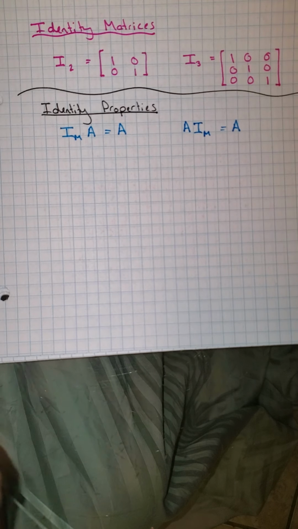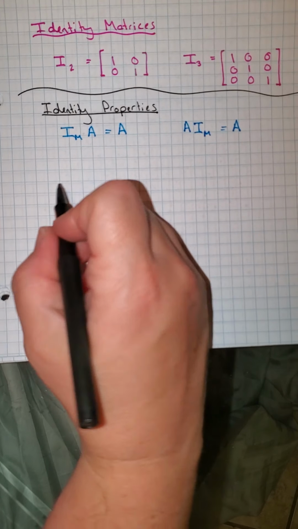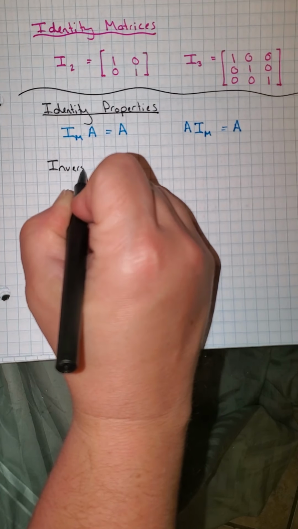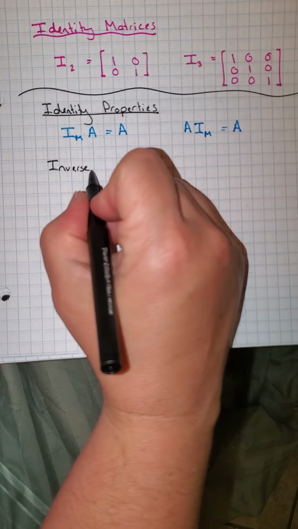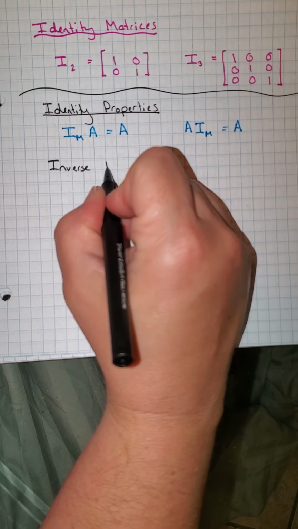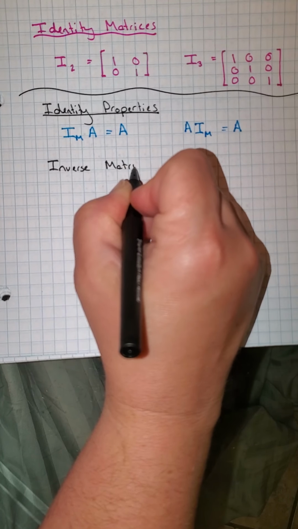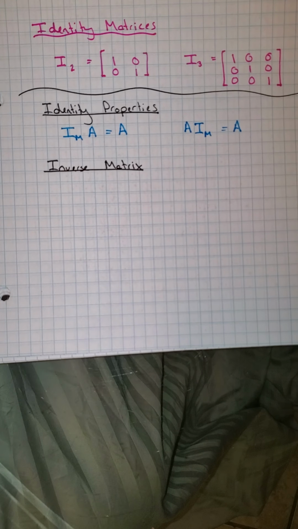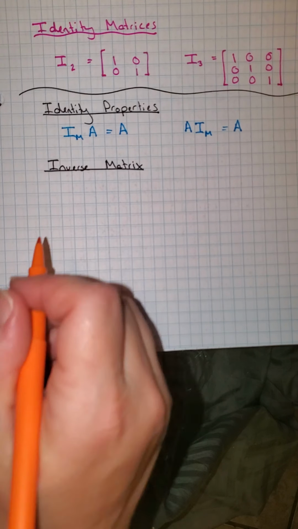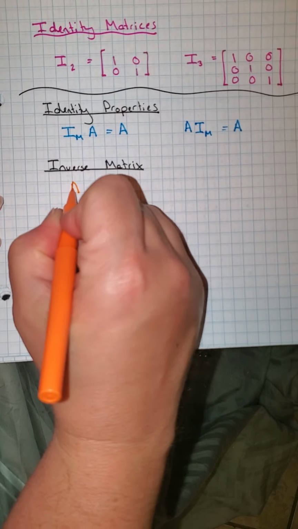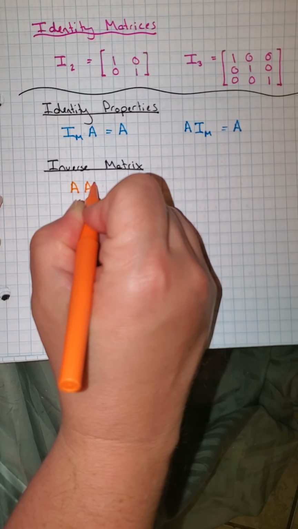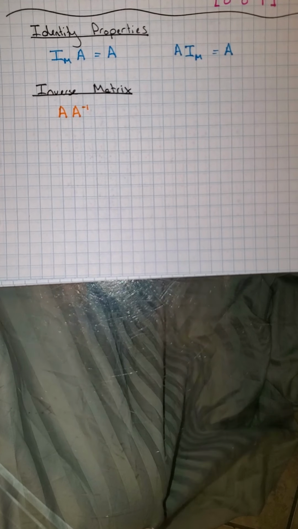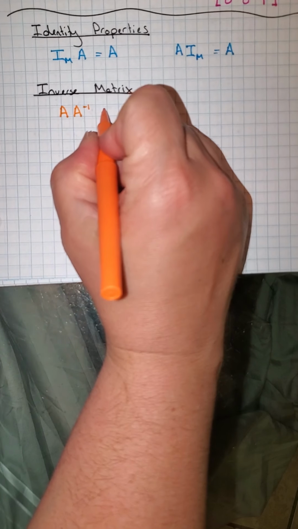Okay, and then an inverse matrix, this also goes with identity matrices. A matrix can have an inverse. If you multiply a matrix times its inverse, you'll get the identity matrix.